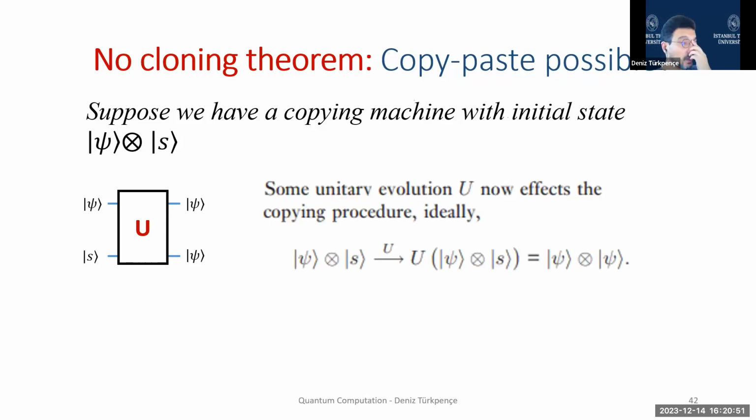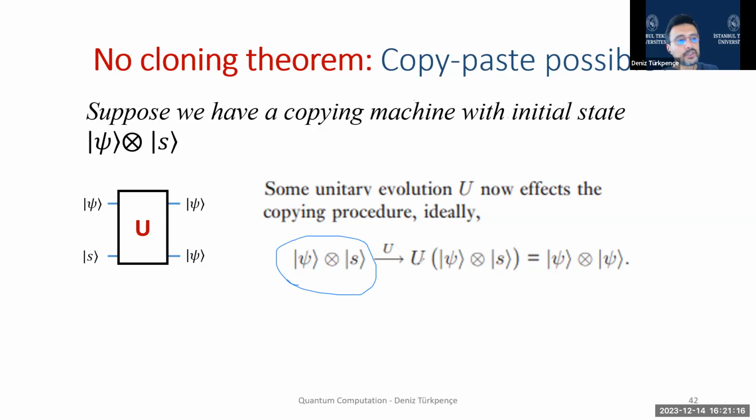Okay, so this is in fact the same thing. I have a unitary operation U, and it affects this copying procedure here. So what I see from this algorithm, I have psi S initially here, and this U operation is acted on this initial state.